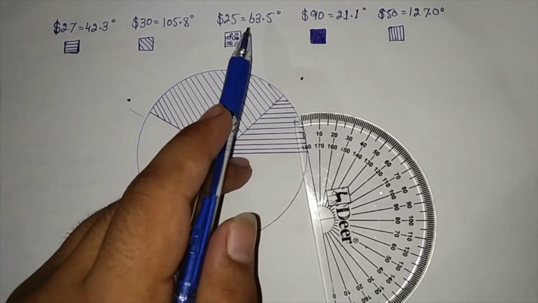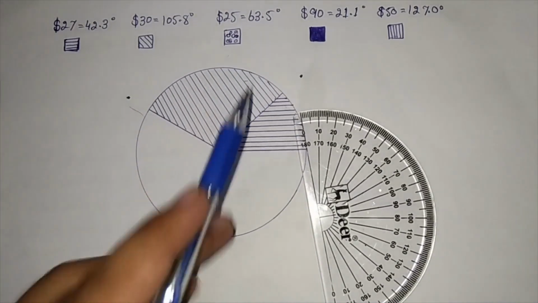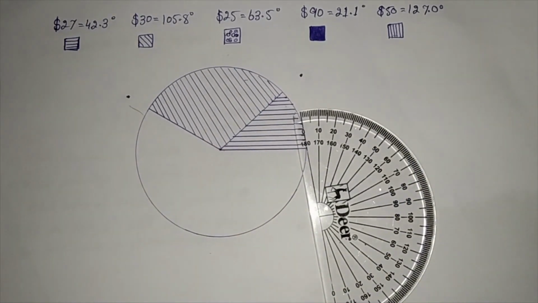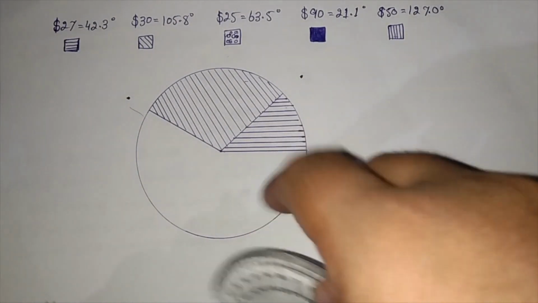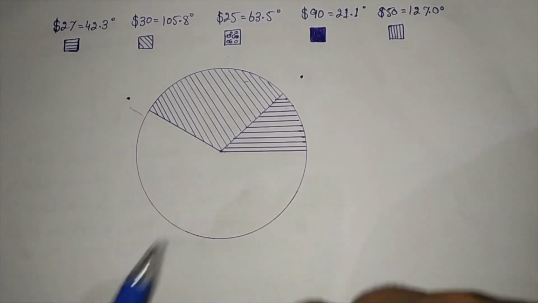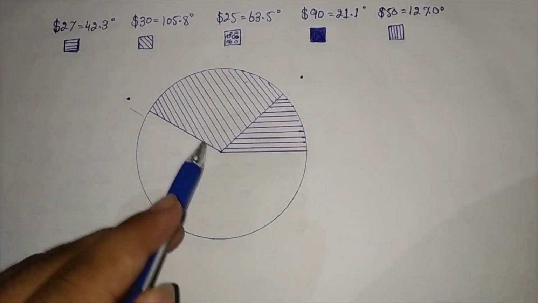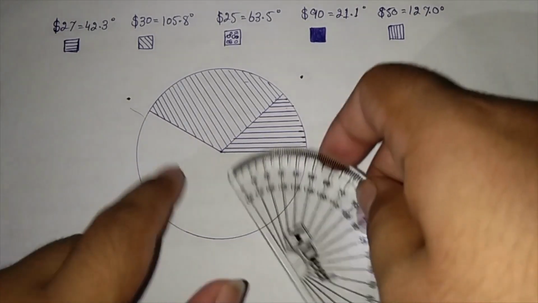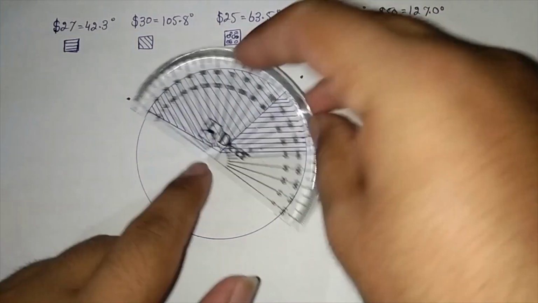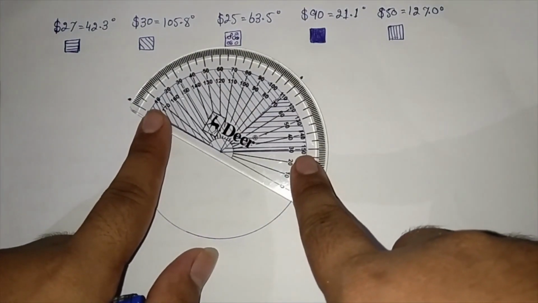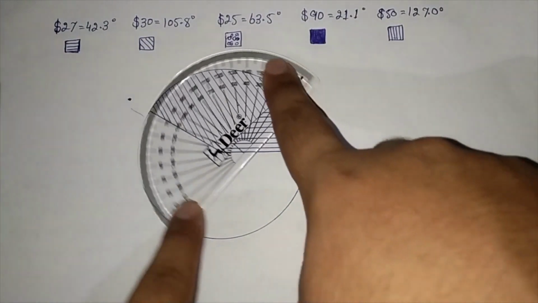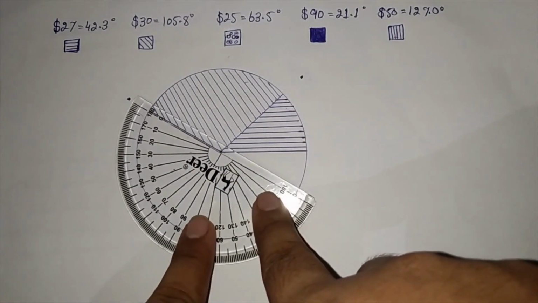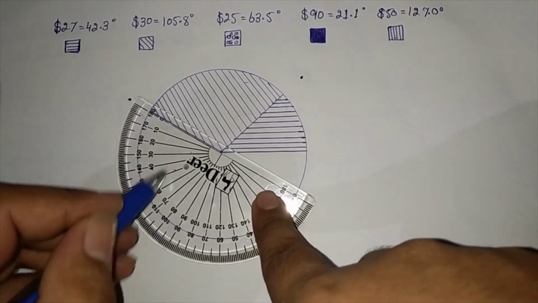Now we have our next, which is 63.5 degrees. This time, you can start from either this baseline or this baseline. If we use this baseline, we will not put it like this one, but like this one, so that we can count the degrees.